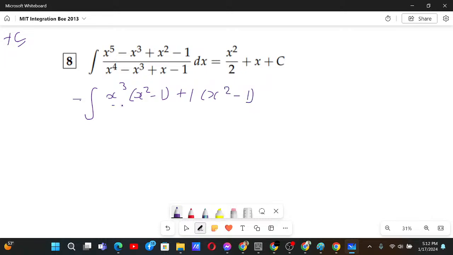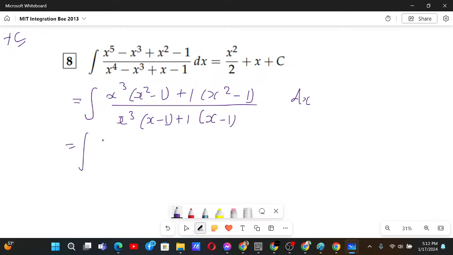And from second, we can take x cube common, gives us x minus 1, plus 1 common, x minus 1. Now, we will have integral of x square minus 1 x cube plus 1 by x minus 1 x cube plus 1 dx.